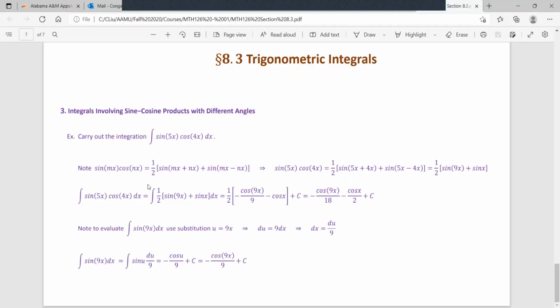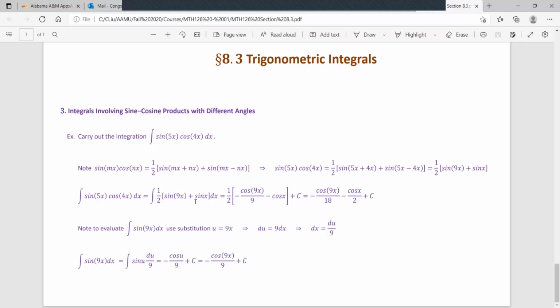So you just integrate this by using substitution for sine 9x, taking out 1/2 from the integrand. When you integrate sine 9x, you get negative cosine 9x over 9. We discussed that before today, using substitution u equal to 9x, if you still remember.